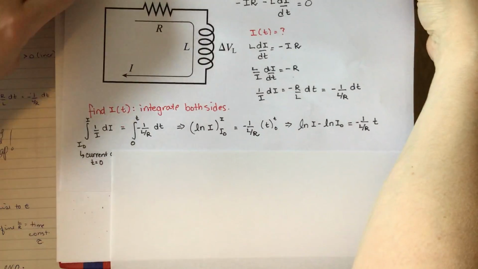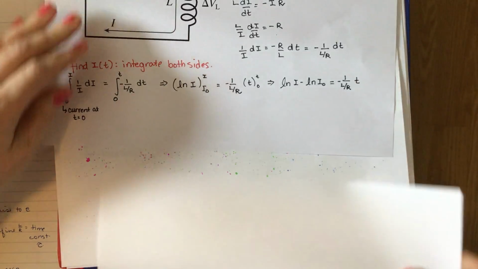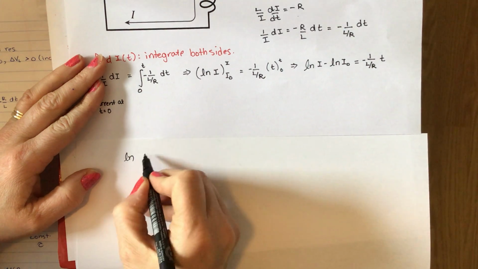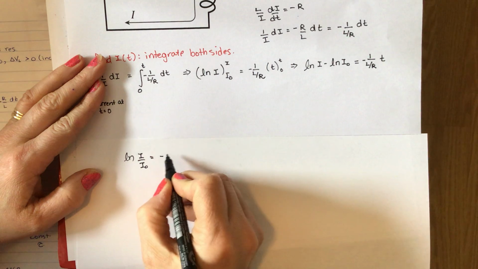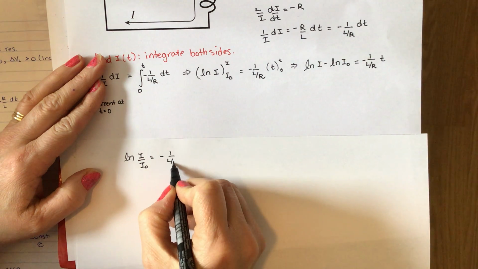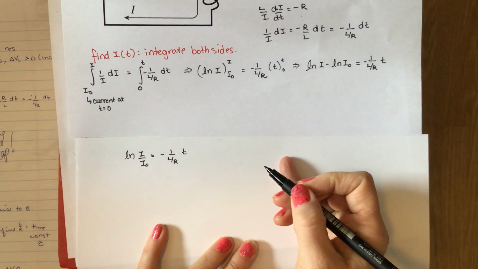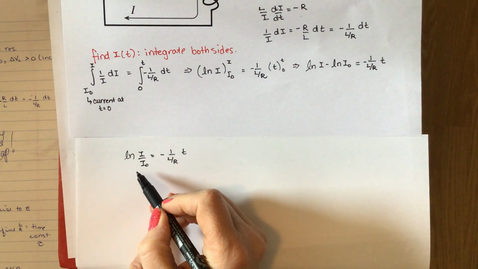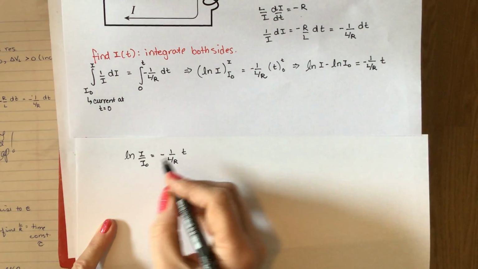So if I divide those arguments now, that gives me the expression natural log of I divided by I0 equals minus 1 over L over R t. I said we were trying to get an expression for the current I, so we'd like to isolate I. The way to do that is let's raise both sides to the e.